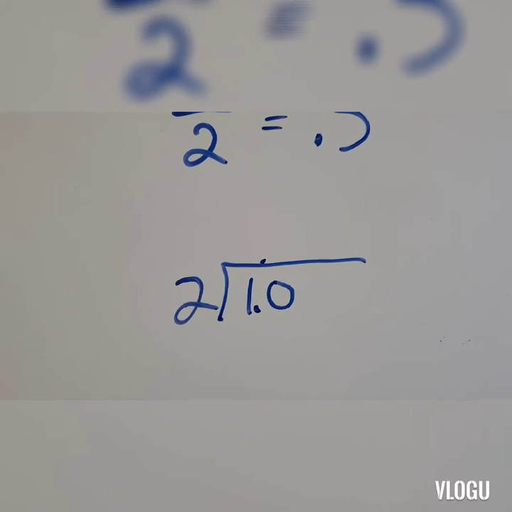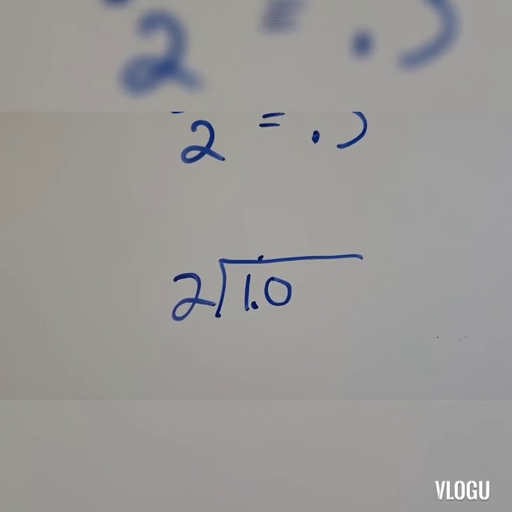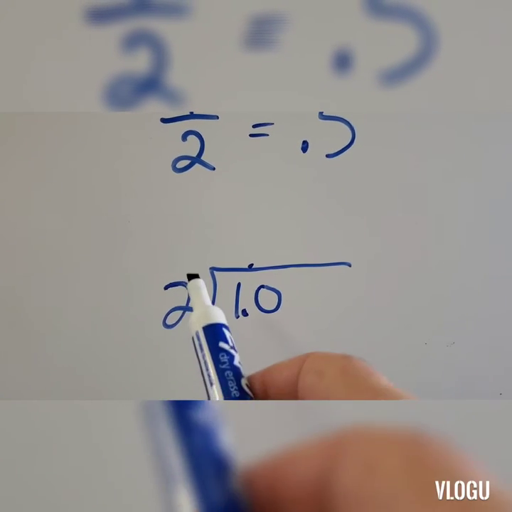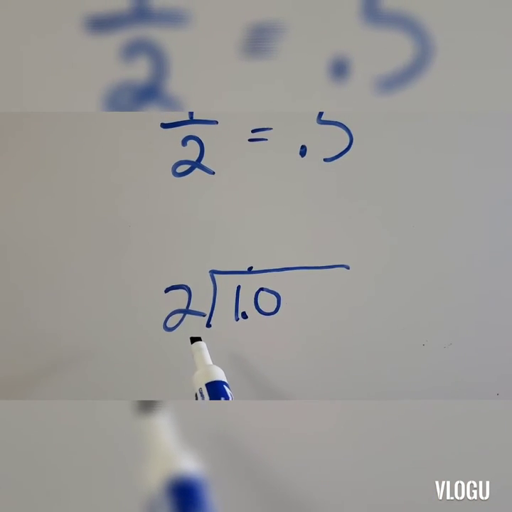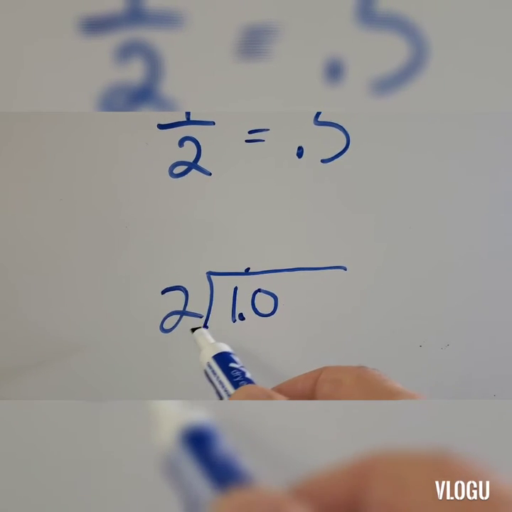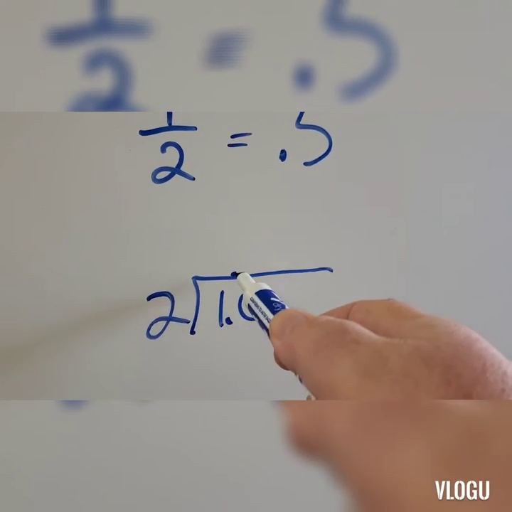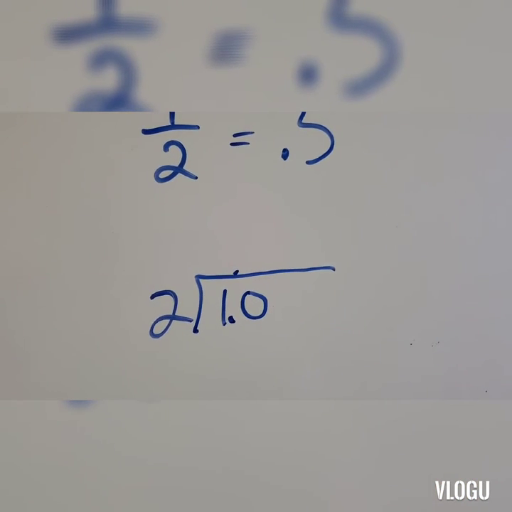Because if you remember, when we do the decimal slide, there is no sliding because there's not a decimal in the divisor. It's only in the dividend. So our decimal goes straight up.